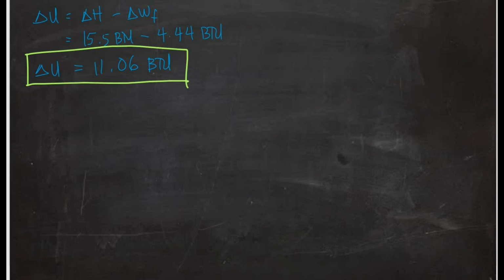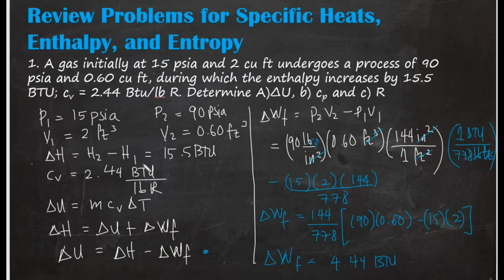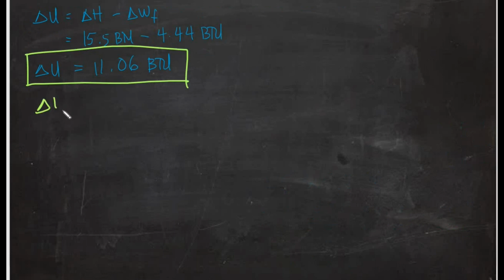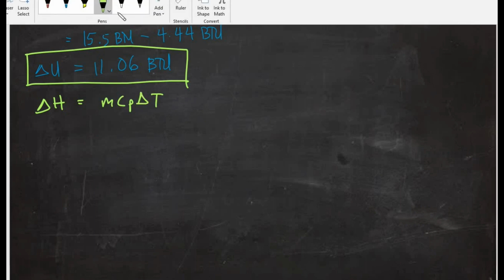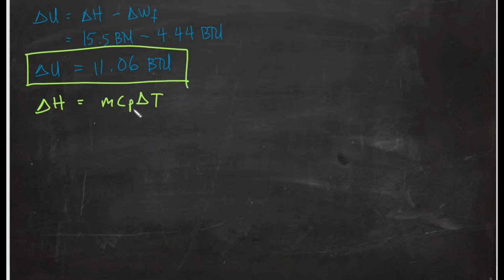The next unknown that we will solve is C sub P. Since we already have our delta H, and delta H is equal to M C sub P delta T, we can solve here for C sub P, but we need delta T again.